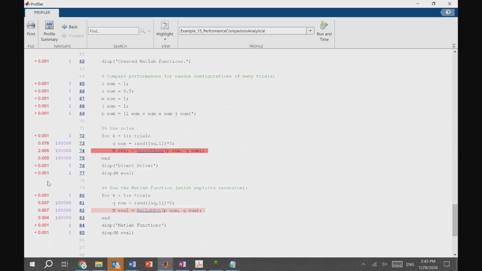And then we do the evaluation, and we actually see that using this anonymous function stored in memory, just a function handle, takes 2.6 seconds, while evaluating the function file stored on the hard disk is more than 2 times as fast.